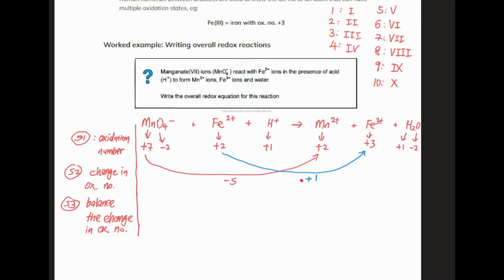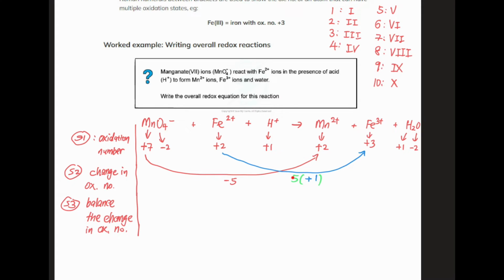So they must equal, you know. Okay, so what we can do is we times 5 to this. This one decreased by 5, this one increased by 5. So I times 5 to this. Okay, so let's say I put it in green color, then I managed to balance the change, times 5. -5 balance with +5.